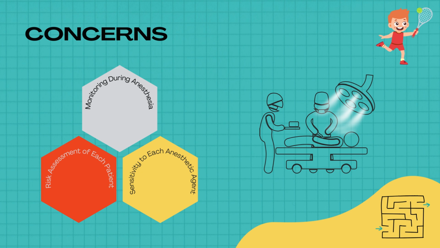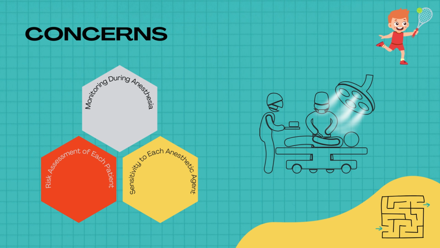Imagine you're at the helm of a child's anesthesia procedure. The first thing on your checklist? Standard monitors, always. They're like the guardian angels of the operating room, tracking vital signs and keeping an eye on the patient's overall well-being. But what if the surgery is more complex?